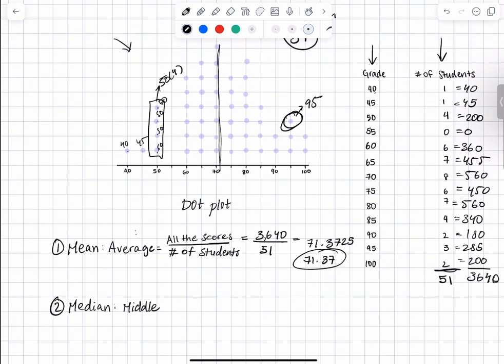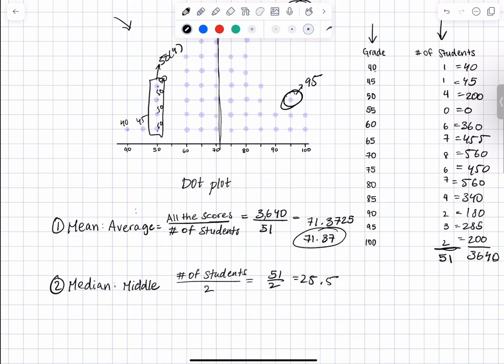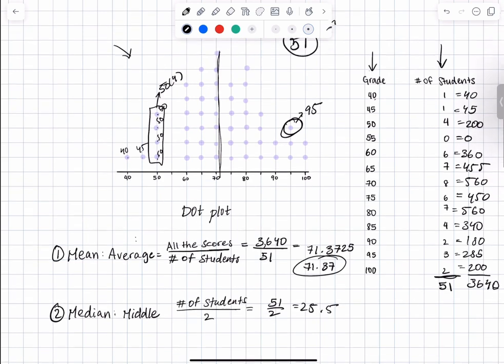A way you calculate the middle number is that you take the number of students and divide by 2. When you divide 51 by 2, you get 25.5. You can't have half of a student, so you try to find the 25th student.